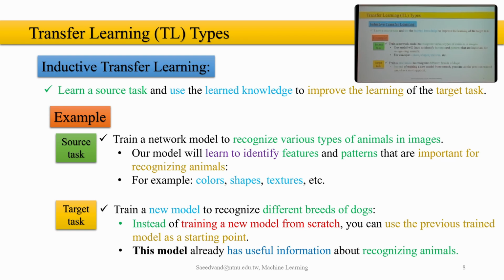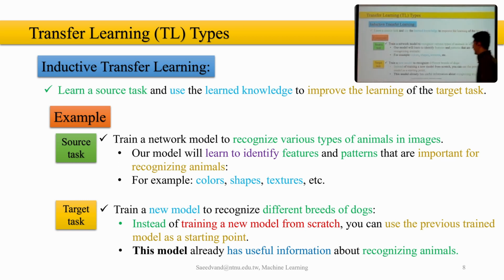So instead of training a new model from scratch, we can use that trained model as a starting point for my new problem. Any question? Is it clear? The concept is quite simple.